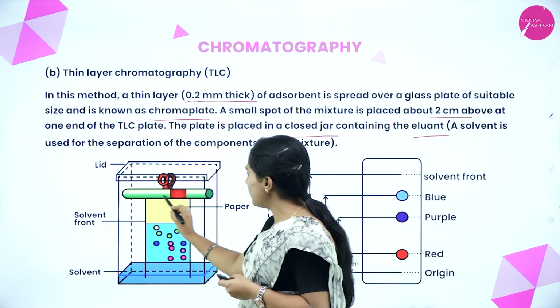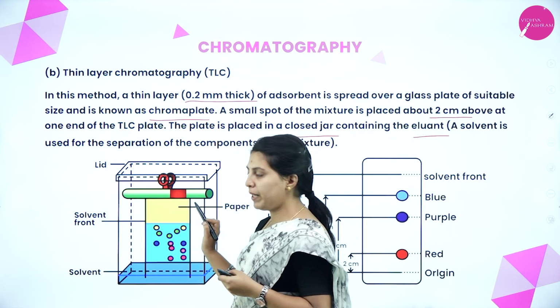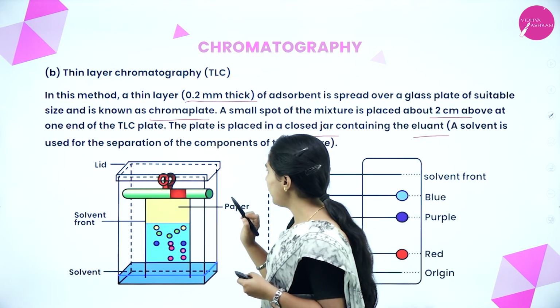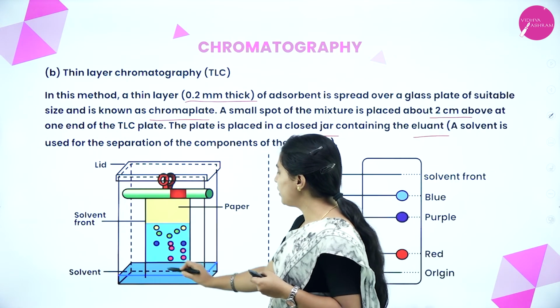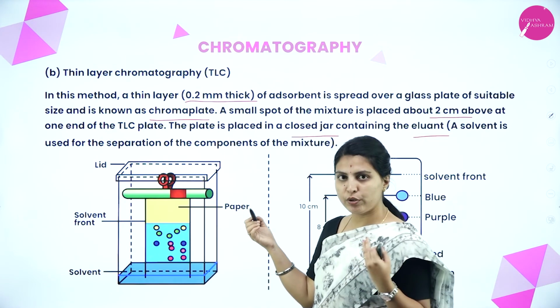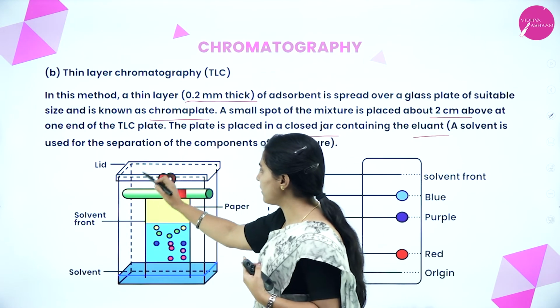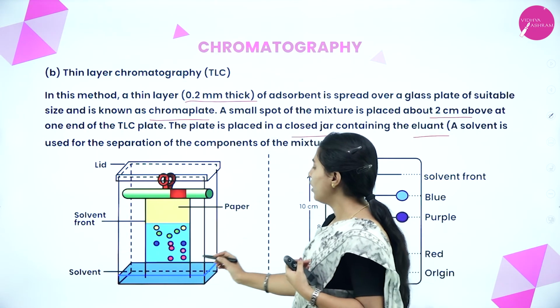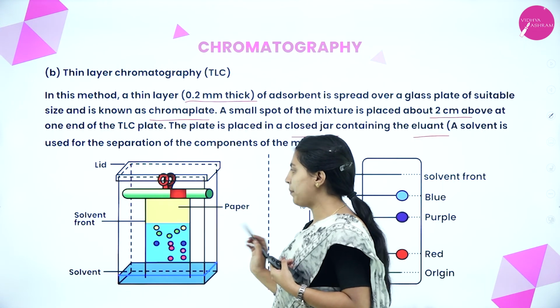See here, this is a chroma plate, with a 0.2 mm thickness layer. One dot should be put, and it should be immersed in a solvent. You have to leave it for some time and close the lid. It will be in a closed container jar, and it starts getting separated.